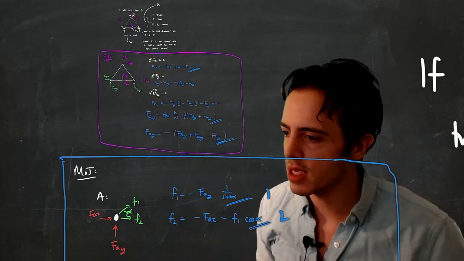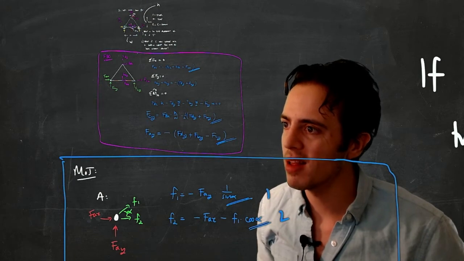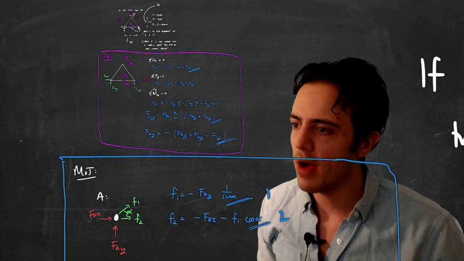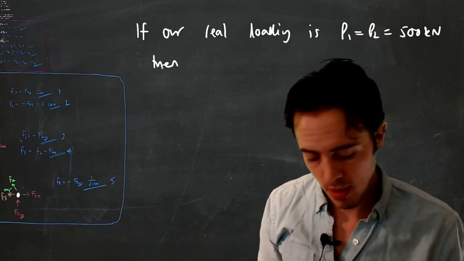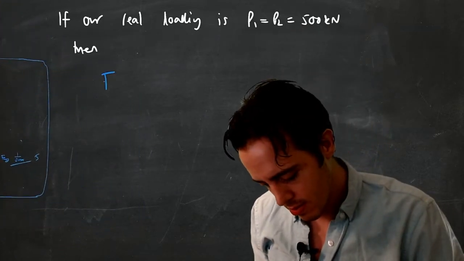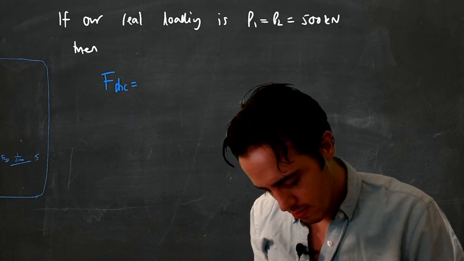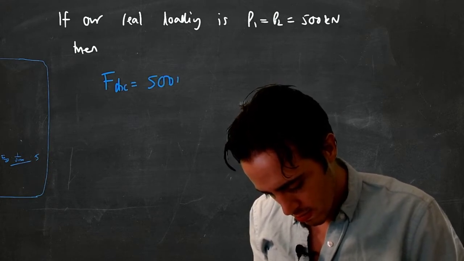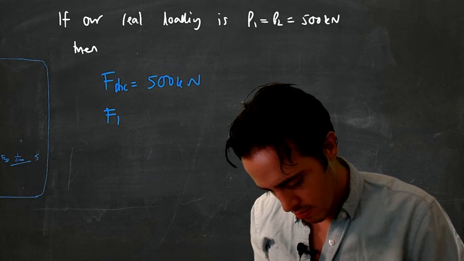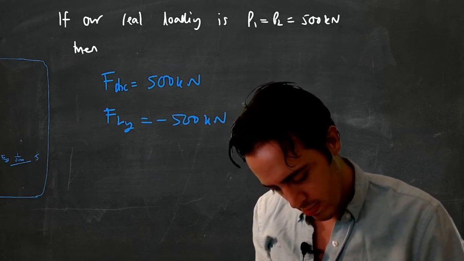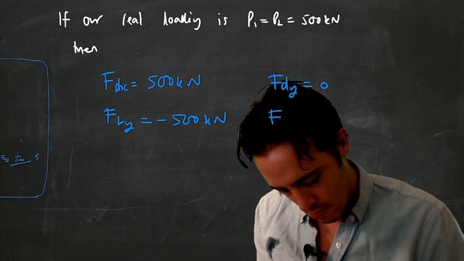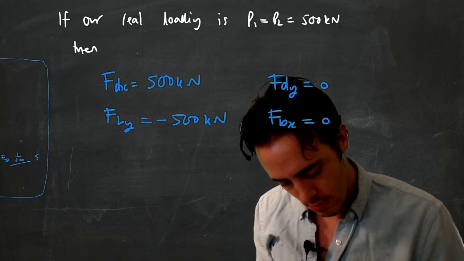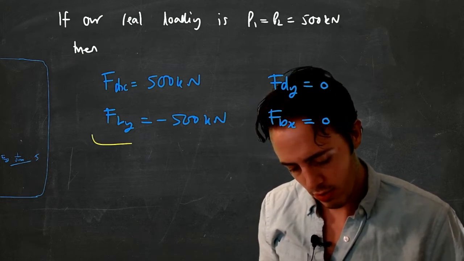So that would give me, let me just have a look at my proper diagram. Okay, so Fdx is going to be equal to 500 and Fby is going to be equal to minus 500 kilonewtons. So what we have here, this is our real loading.